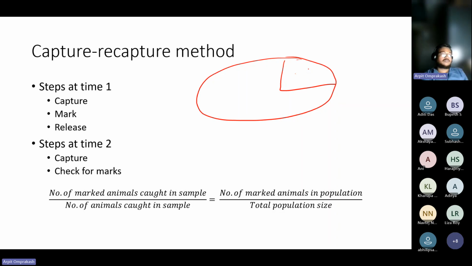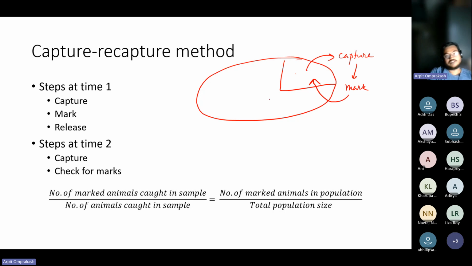Okay. Once we capture individuals, we'll mark them. On each of the lizards, we'll probably paint something using color, or leave a mark using a marker or a pen, right? And then you release them back.